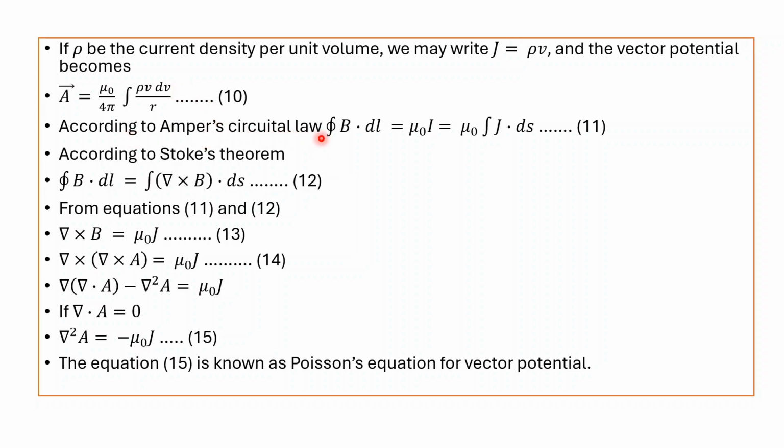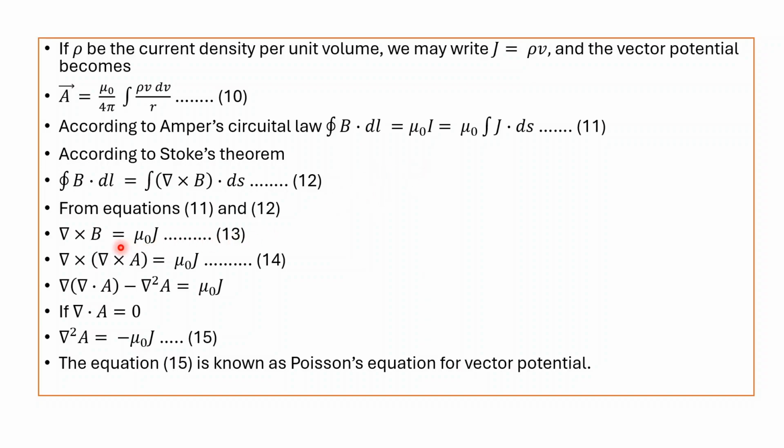According to Ampere's circuit law, integral B dot dl is equal to mu naught into I, but I equal to integral J dot ds. According to Stokes theorem, integral B dot dl equal to integral curl B dot ds. Stokes theorem converts the line integral into surface integral. From equations 11 and 12, we may write curl B dot ds equal to mu naught into integral J dot ds.